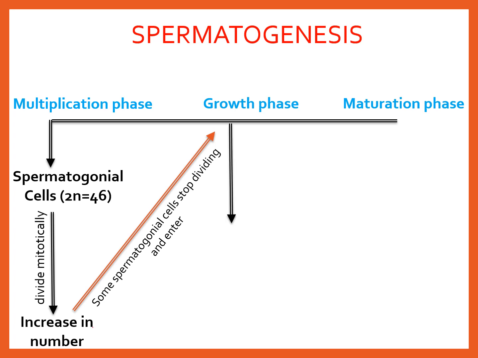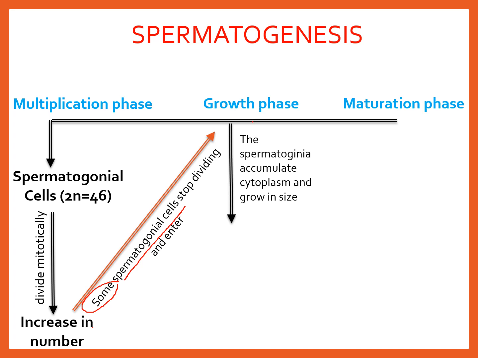Among these spermatogonial cells, some of them stop dividing and enter into the growth phase. They start growing in size, and when they grow in size, they accumulate a lot of cytoplasm and are ready for further process.